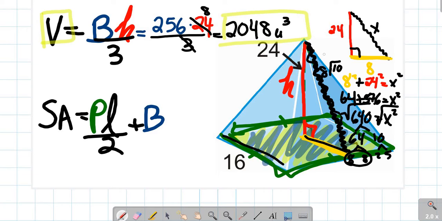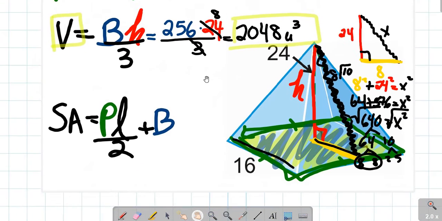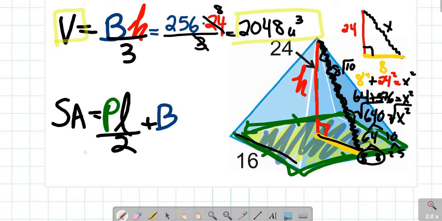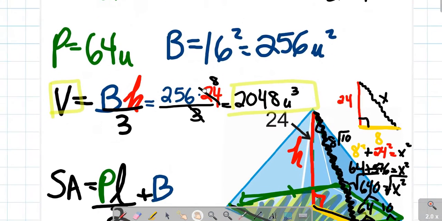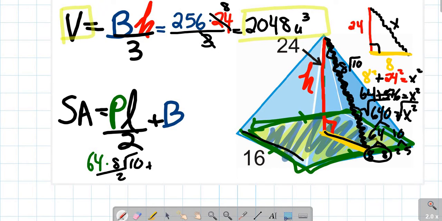Okay, so now we do our perimeter, which we already got up here, 64. So it's going to be 64 times our slant height, which is 8 root 10, over 2, plus the area of one base, which is 256. And we're going to clean this up just a little bit.